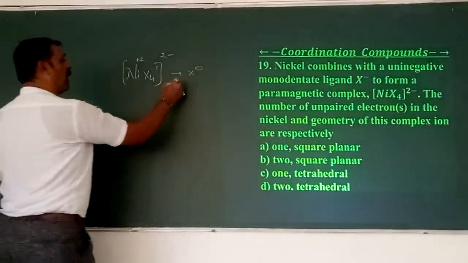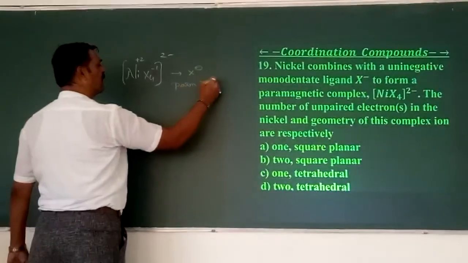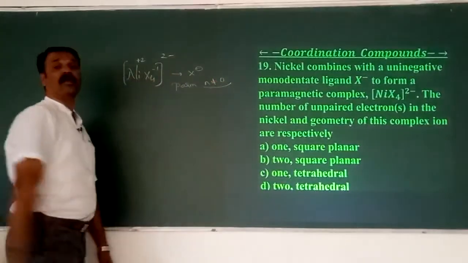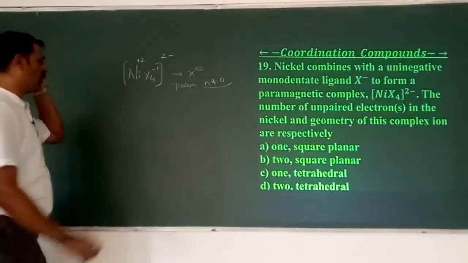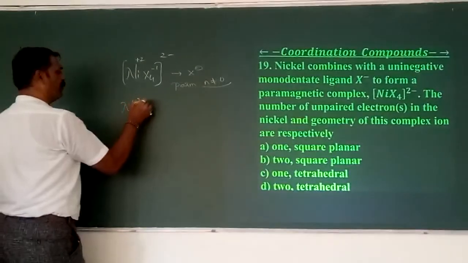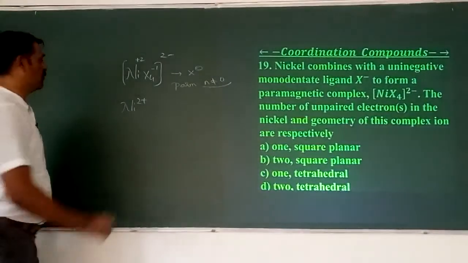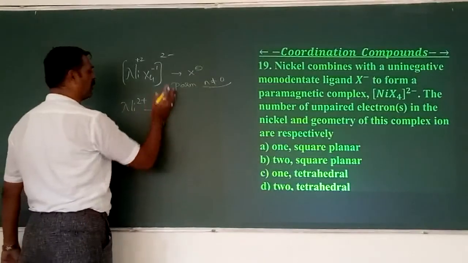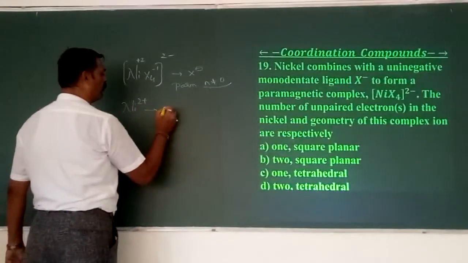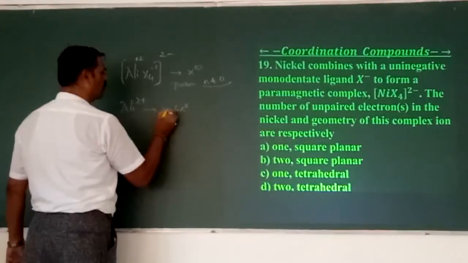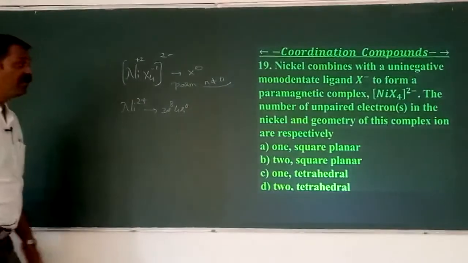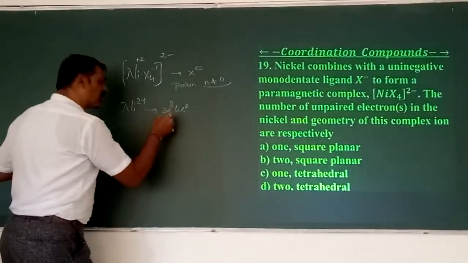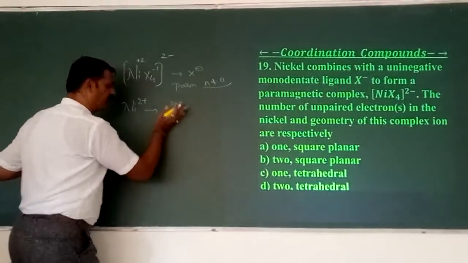And it is found to be paramagnetic, meaning N not equal to 0. Let's have Ni2 plus. What is the Ni2 plus configuration? 4s0, 3d8.